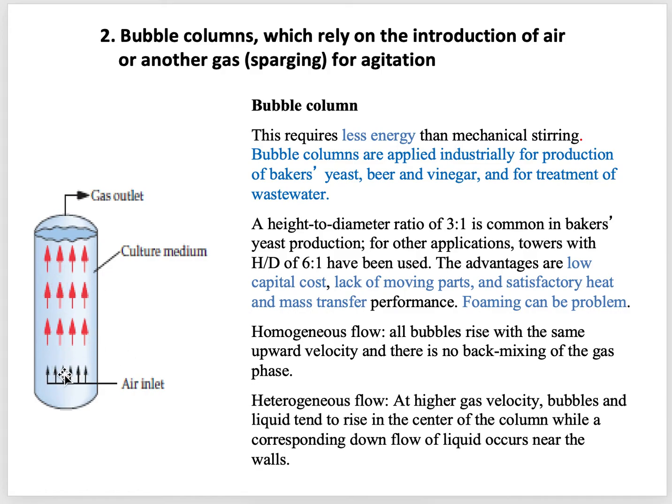Based on the speed at which you are injecting your air, two different types of flow can be achieved: homogeneous flow or heterogeneous flow. Which kind of flow will be produced depends on the pressure or velocity at which you are injecting the air.